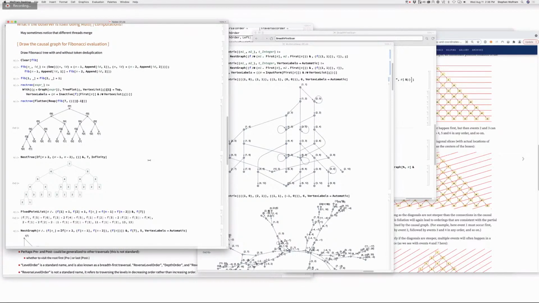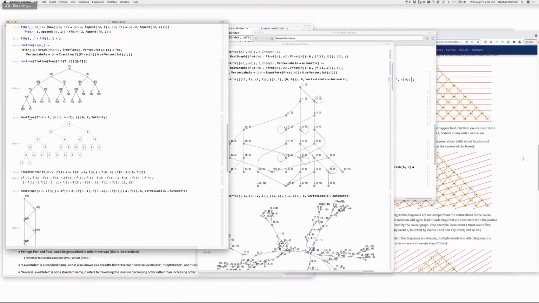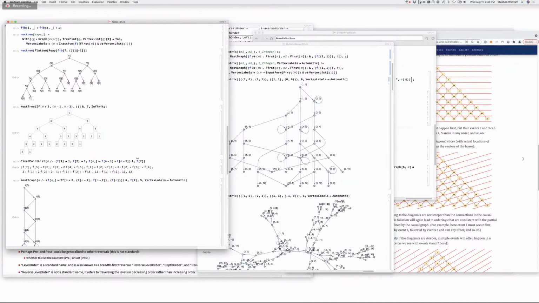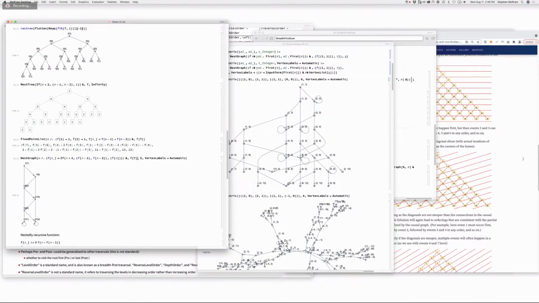Not sure what this is exactly. What is that? That's nice. That's a very nice application of nest tree. That's really cool. But nest tree, oh my gosh, what does nest tree do? It doesn't have any evaluation order issue. Is that a true statement? Or does it?